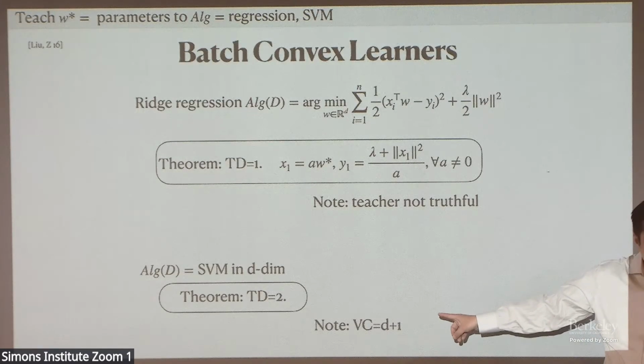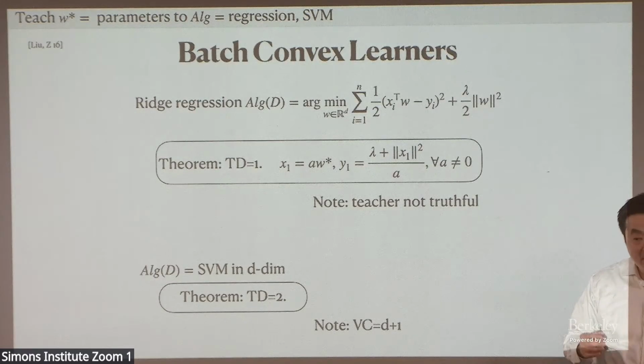It turns out it's 2. The reason is this: if you have one positive item in 3D and one negative item in 3D, the large margin separating plane is just the plane that is perpendicular to and bisects the line between the 2 points.